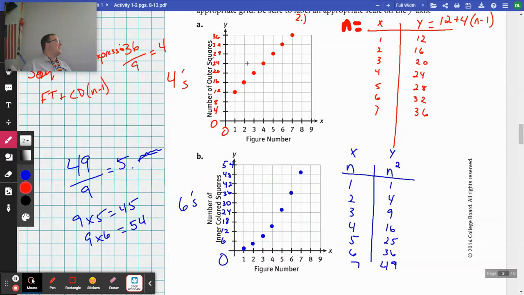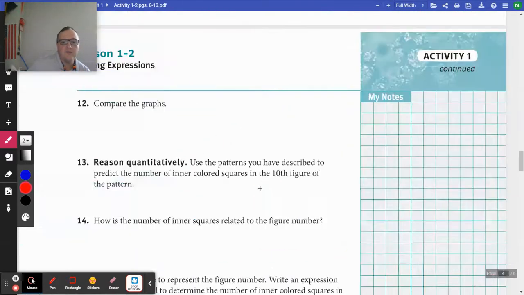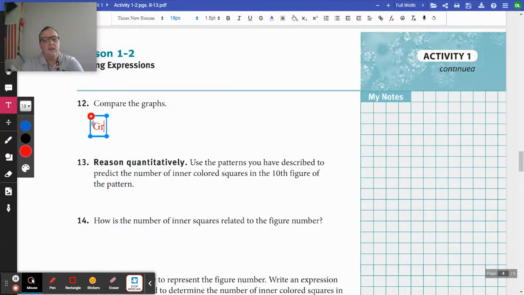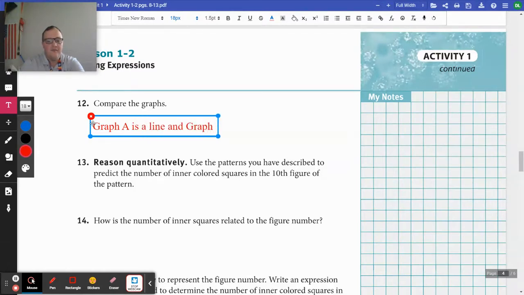So A is a line. B is not. So that's all I got to put. So I'm going to number 12, and I'm going to say graph A is a line and graph B is not.